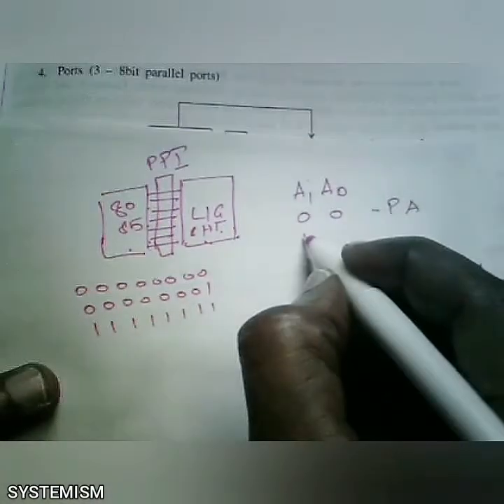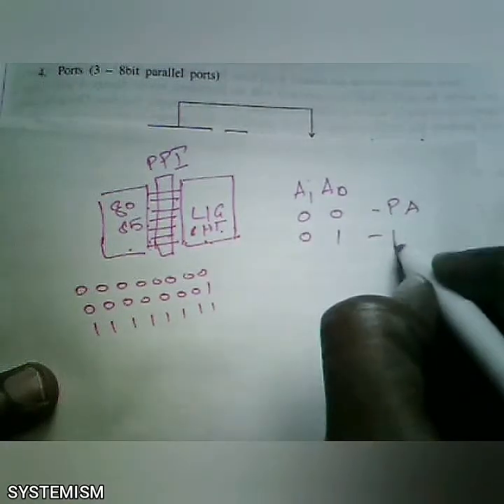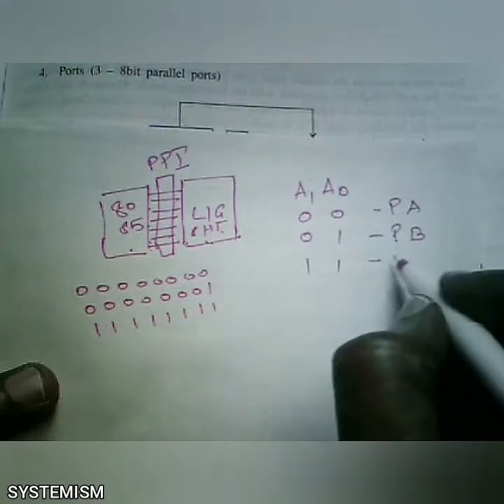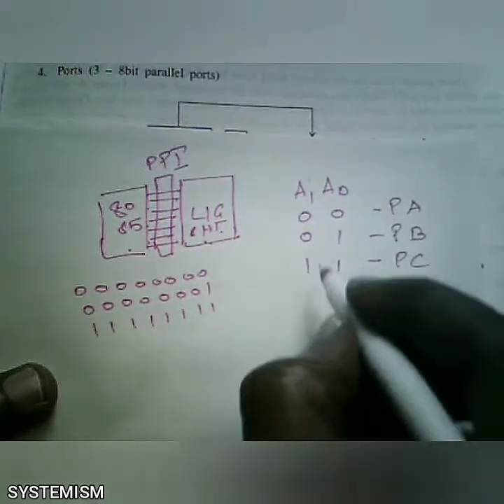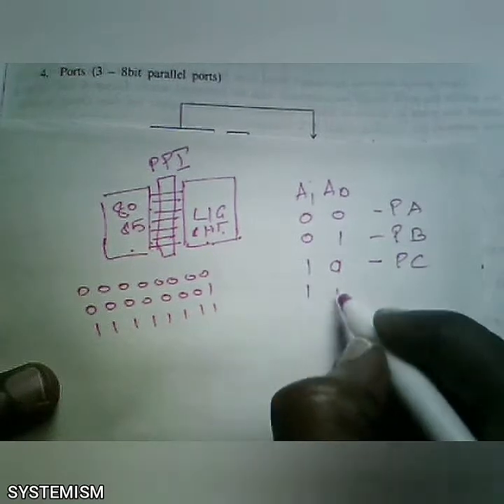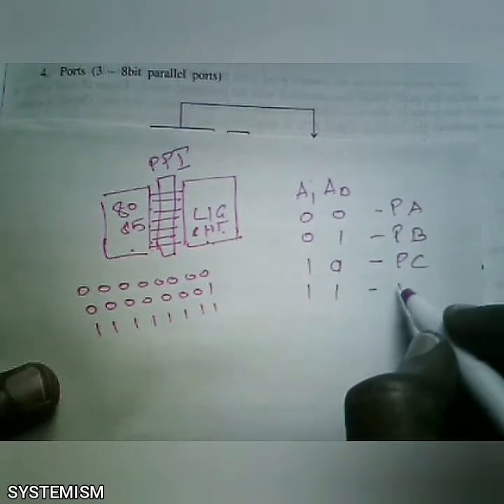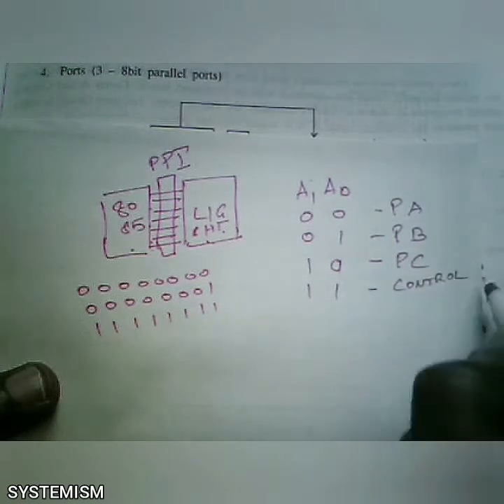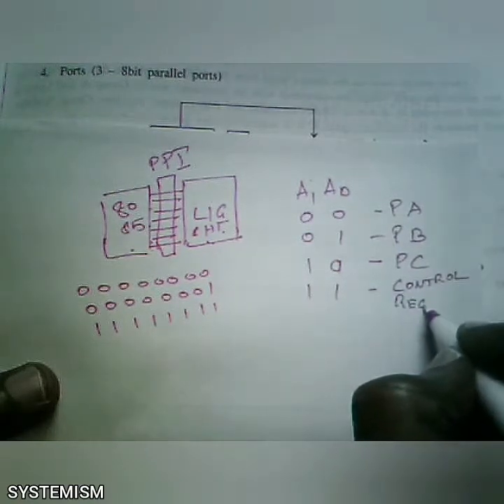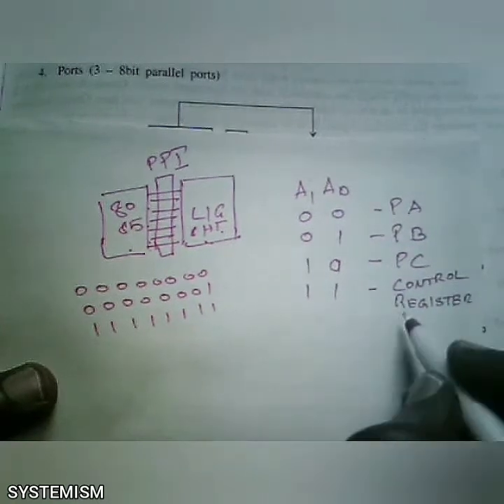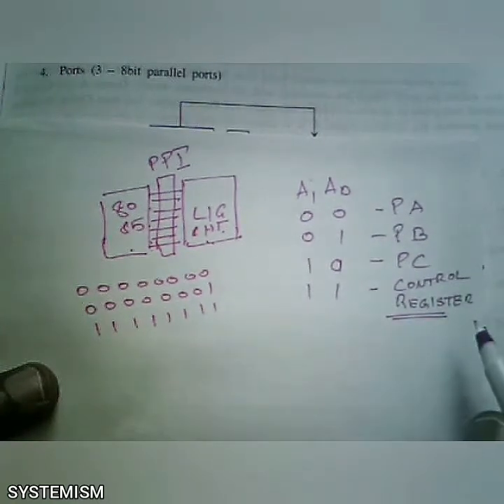If it is 0 1, port B is selected. If it is 1 0, then it is port C. If it is 1 1, then the control register is selected. I will explain what this control register is now.